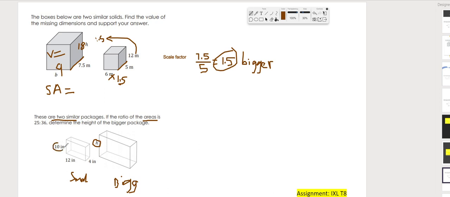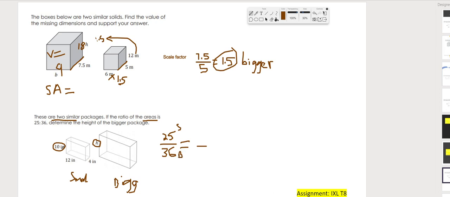So what you want to do in this case is set up a proportion. I do 25 over 36, comparing those two, equal to, notice I started with small. This represents the small, and this represents the bigger one.